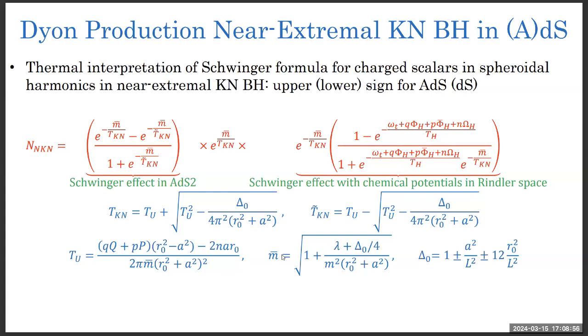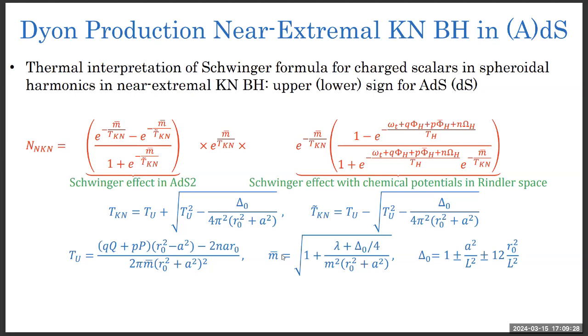So in this case, you are saying that there is no Hawking radiation, but there is particle creation by the Schwinger effect from the electric field and the magnetic field on the horizon. Yes. The Hawking temperature is just exponentially suppressed. But near extremal, you see that the Hawking temperature contributes an exponentially suppressed factor.